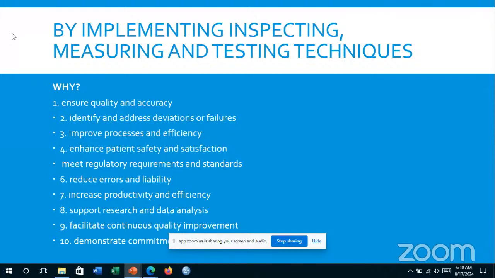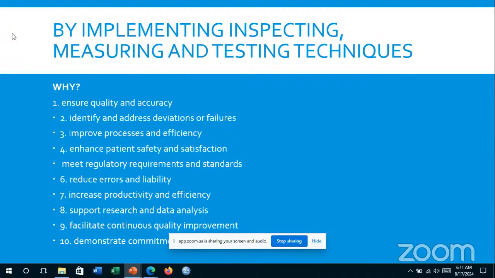So audiologic equipment that is well calibrated and maintained will ensure accurate results. So by implementing all these three techniques, that is inspection, measuring, and testing, audiologists can accurately diagnose and manage hearing and balance disorders. Then develop effective treatment plans, monitor patients' progress and outcomes, and as well be able to enhance patient care and communication.